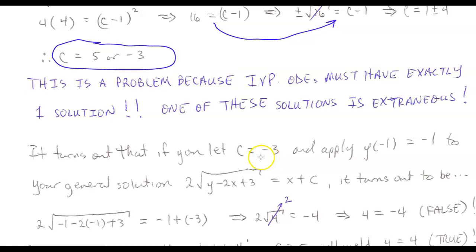So in order for us to figure out which one of these solutions is correct, if we had it like this, we would actually have to go back and plug it back in and see if it actually works.